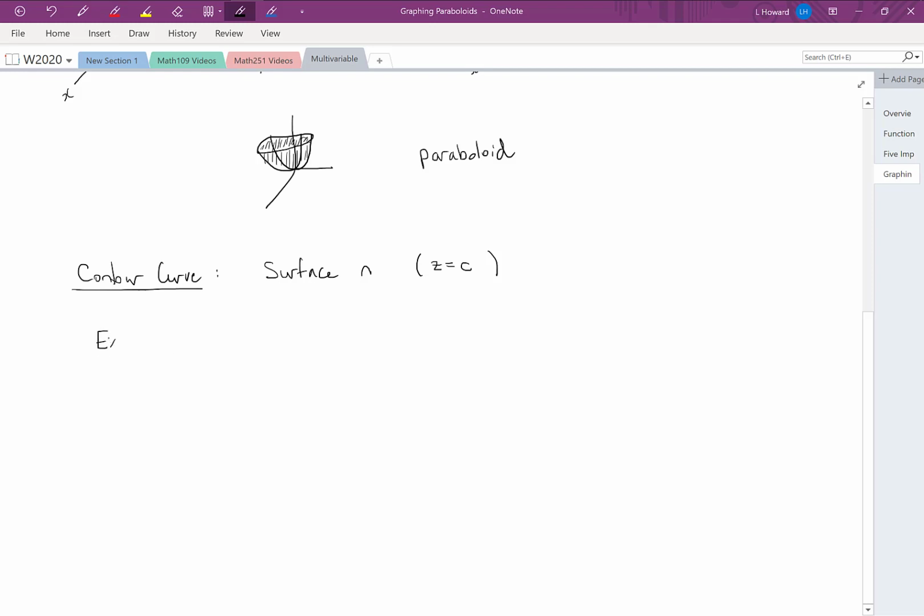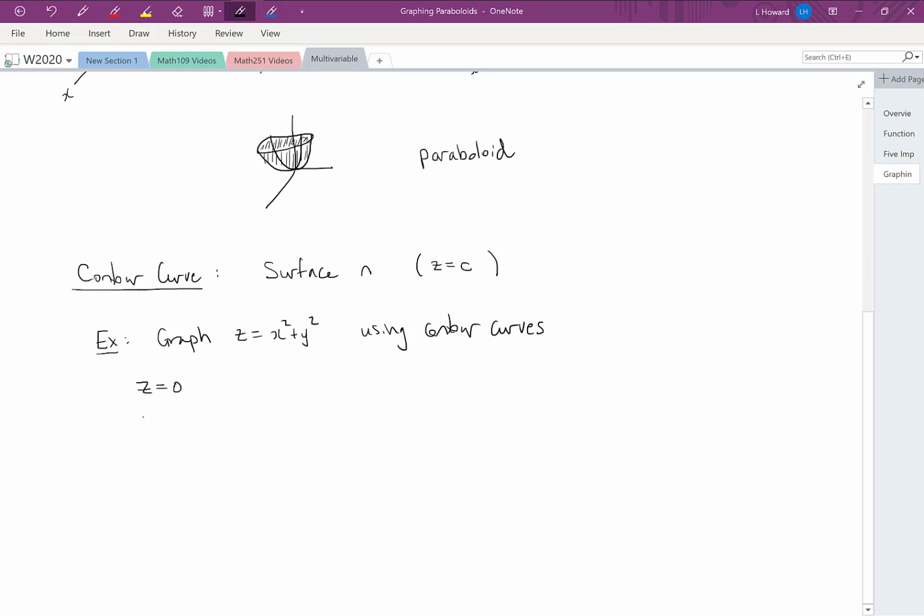Okay, so for our example here, we're going to graph the same paraboloid as we did before. So z equal x squared plus y squared, but this time we're going to do it using contour curves. All right, so what that looks like, we're going to choose a few different z values.